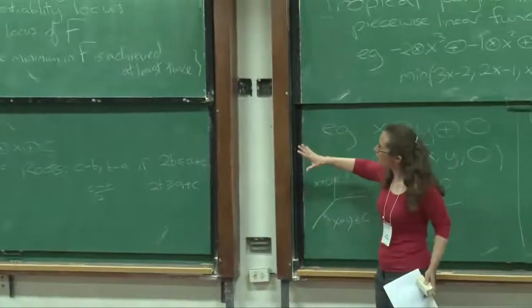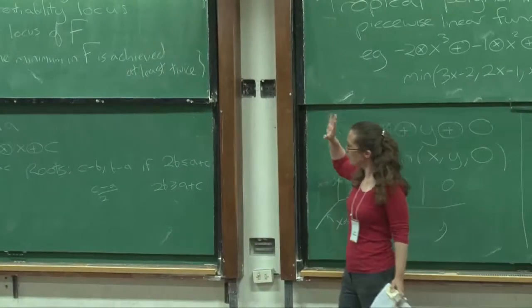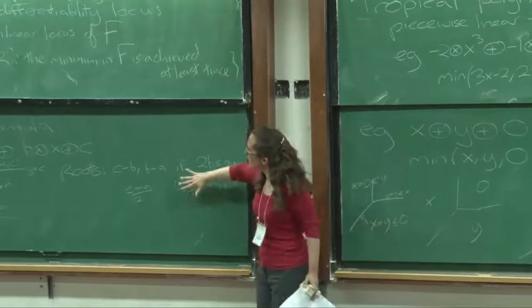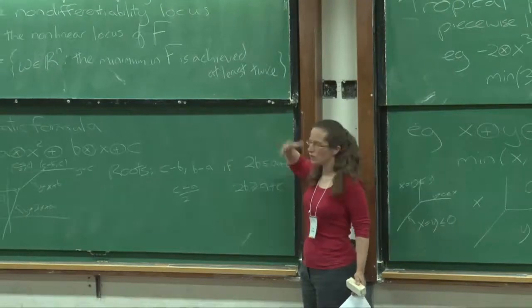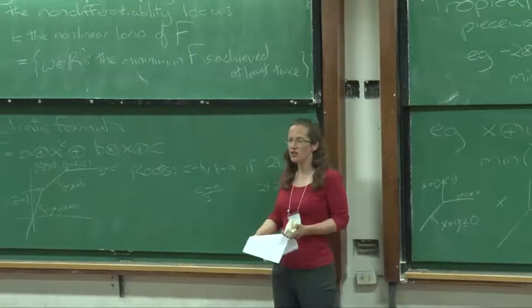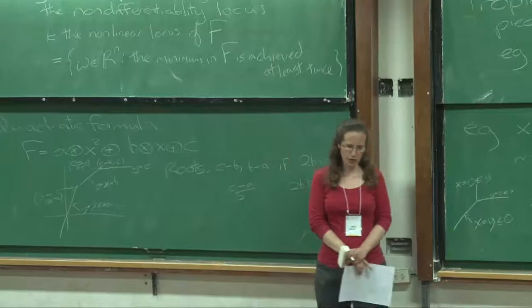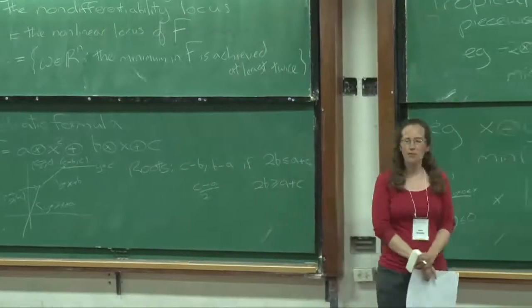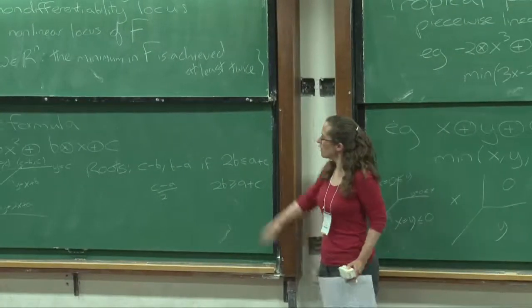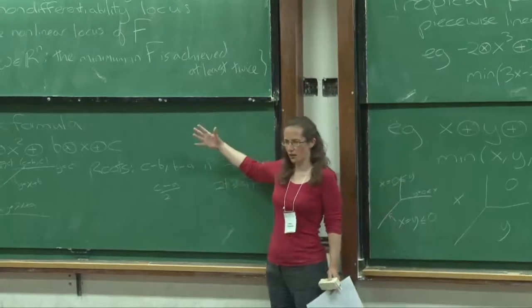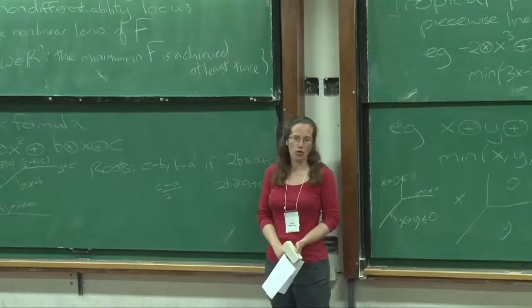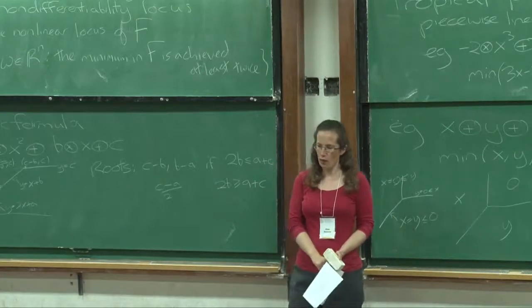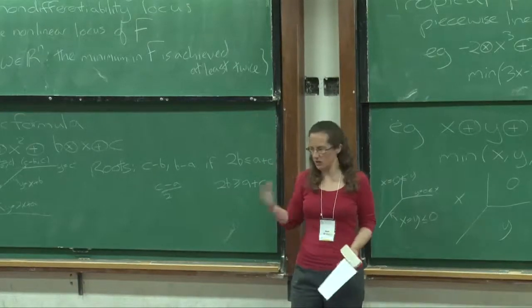Okay, so maybe this is a good point. So the goal, as I said, of the first part of the week is to just build up the structure of tropical varieties. At this point, we could go in several different directions. Okay, I'm going to follow the idea of tropicalizing embedded varieties. We could continue in this fashion and build up all of algebraic geometry over the tropical semi-ring, as much as is possible.